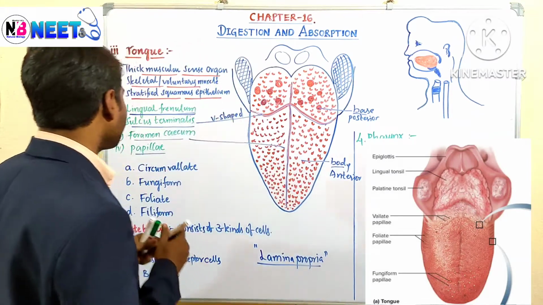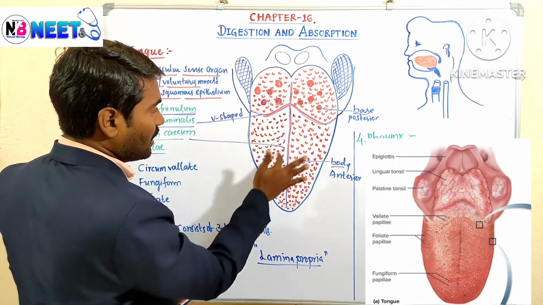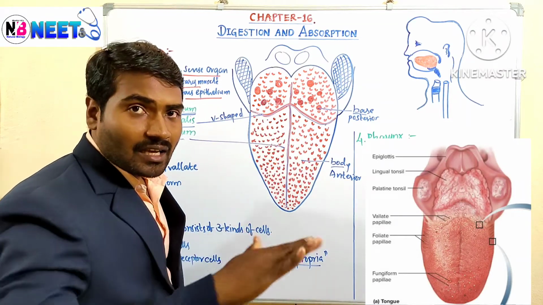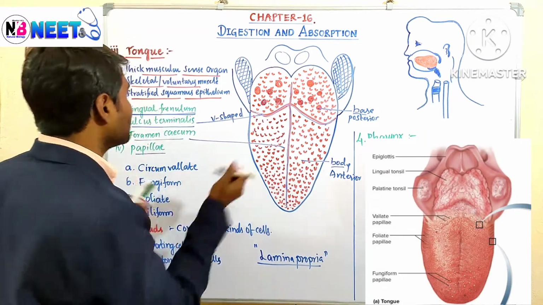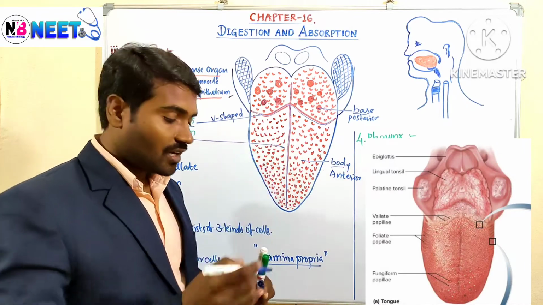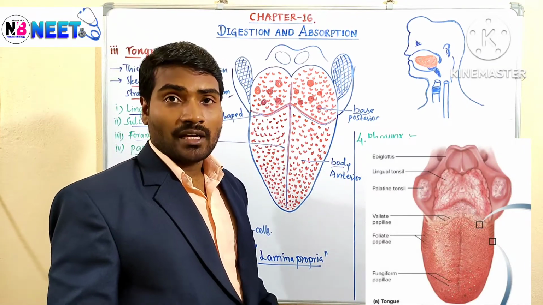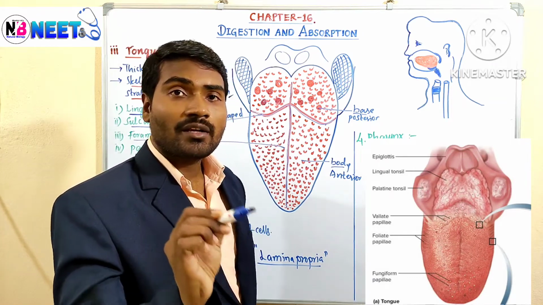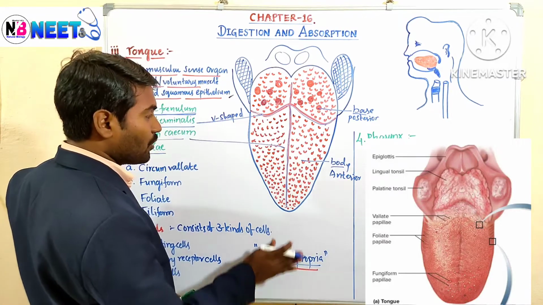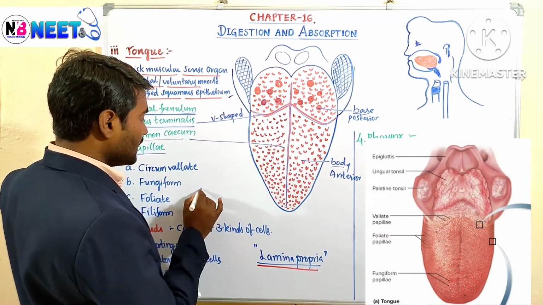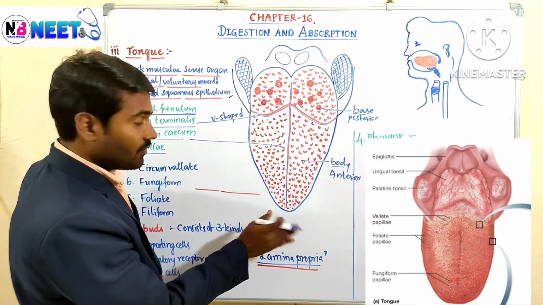Over the surface of the tongue, wherever it is, there is an epithelial layer. Which type of epithelium? Stratified squamous epithelium. Over the stratified squamous epithelium, there is a connective tissue layer, especially an areolar connective tissue layer. That areolar connective tissue layer is called lamina propria. I am drawing this layer horizontally, like a single membrane present over the surface.